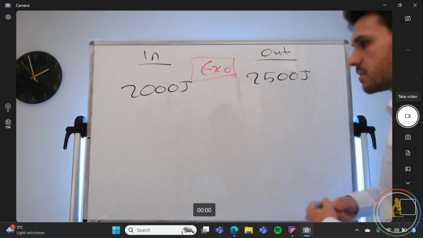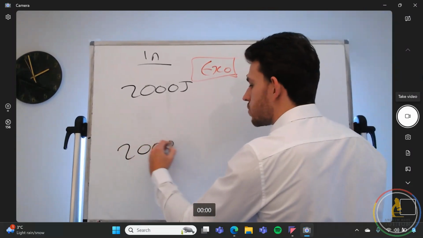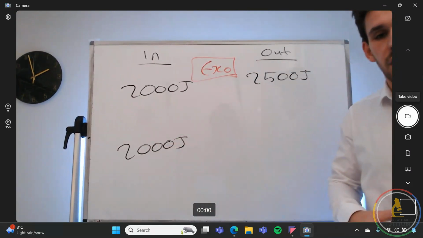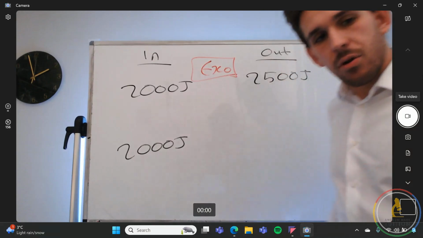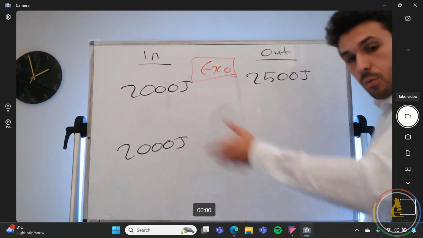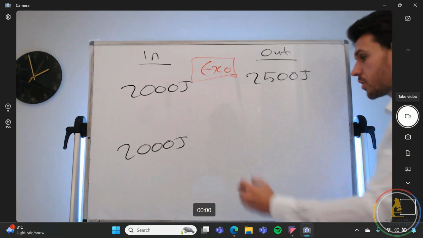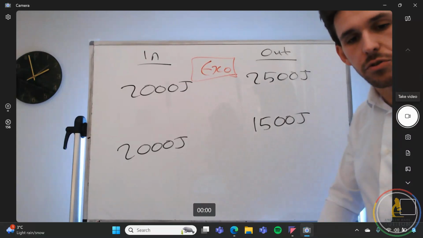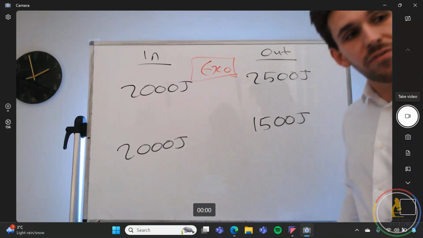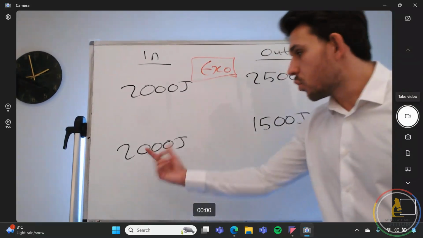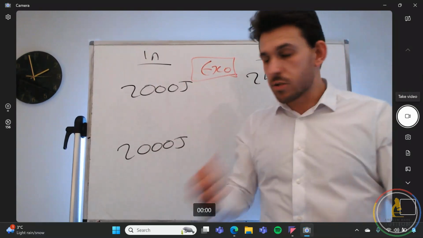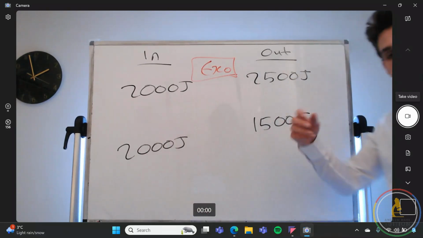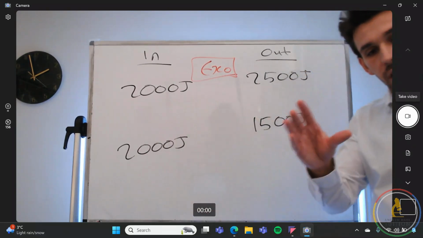Now let's look at the flip side. What if instead, let's say we still had 2000 joules of energy required to break all the bonds in the reactants, but now, what if the energy we get out when we remake all the bonds in the products was less than that? What if it was only 1500 joules? Now we've got an example where more energy is taken in to break the bonds in the reactants than is given out when we remake the bonds in the products.